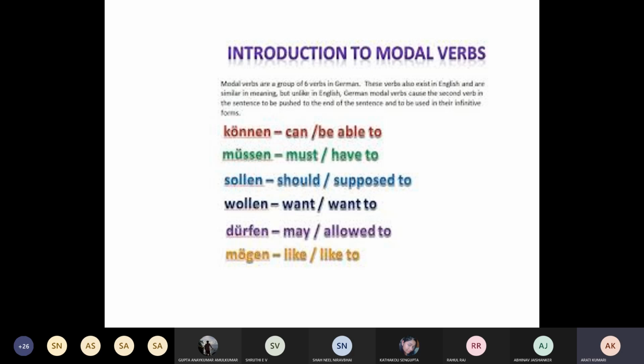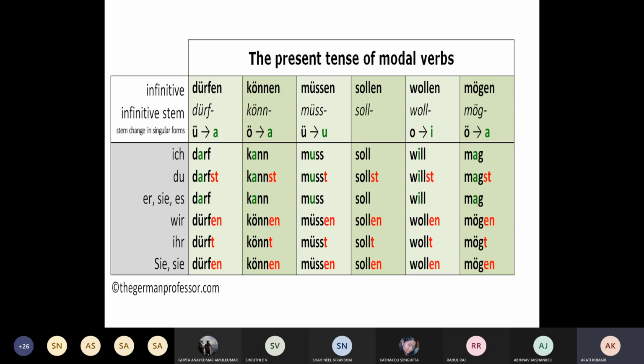So vorbereiten is actually a separable verb, and as I told you, you have to put it together. You don't separate it with the modal verb. So wir sollen für die Prüfung vorbereiten. So this is sollen. Let's move to the next one, which is wollen.